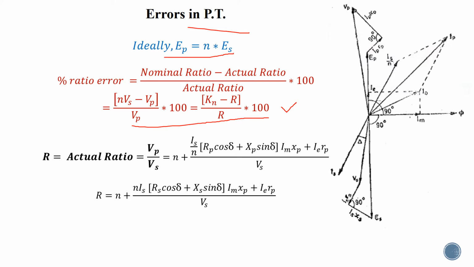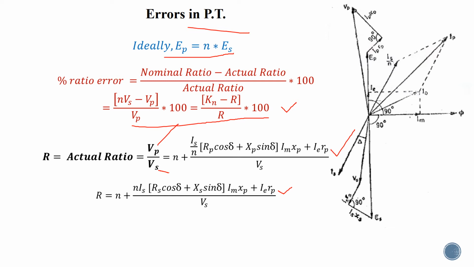It is basically the ratio of your actual primary voltage to the secondary voltage. These two formulas are used to calculate the ratio error with respect to whether the resistance and reactance are referred to the primary side or the secondary side. The parameters used here are explained in the next slide.